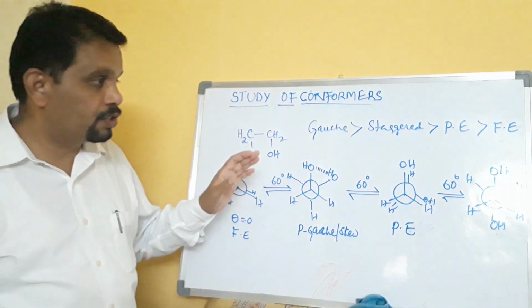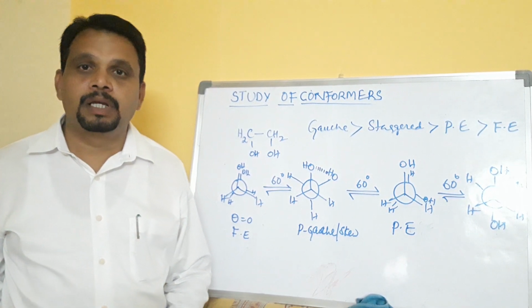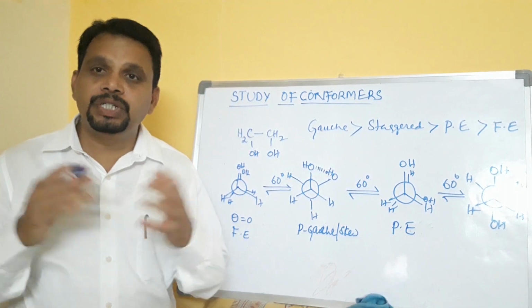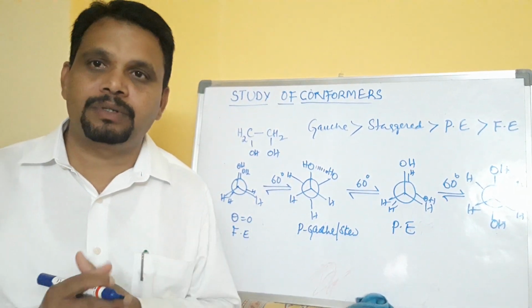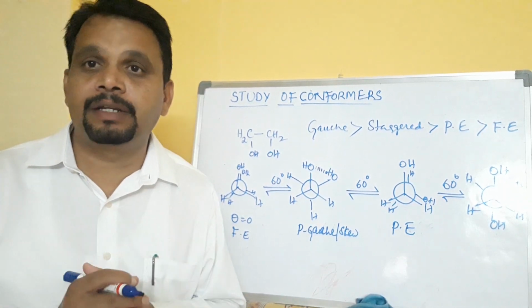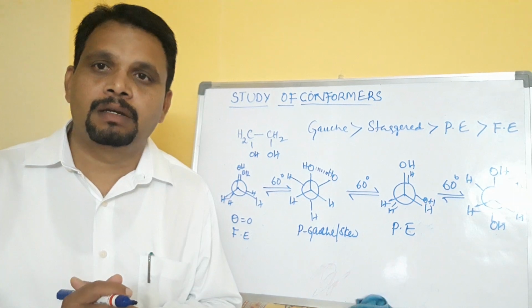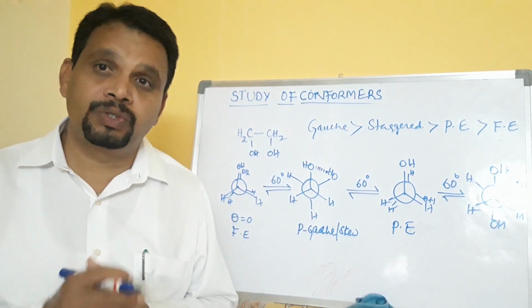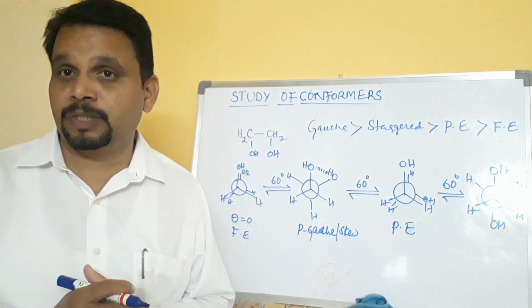Therefore, it is more stable than the staggered or anti-conformer. So this is the way you need to analyze different given examples, and you need to determine which is more stable and which is more energetic and why. What are the reasons? You should be able to explain.